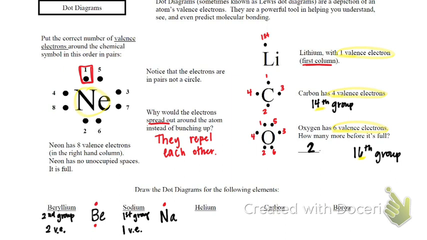Okay. It's the 18th group, but it's weird, so it's only 2. Helium is weird. The weirdo. 18th, but only 2 valence electrons. What is helium's symbol? He.